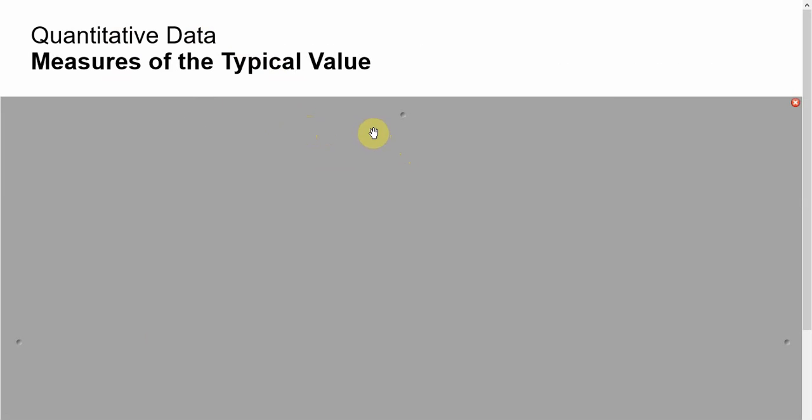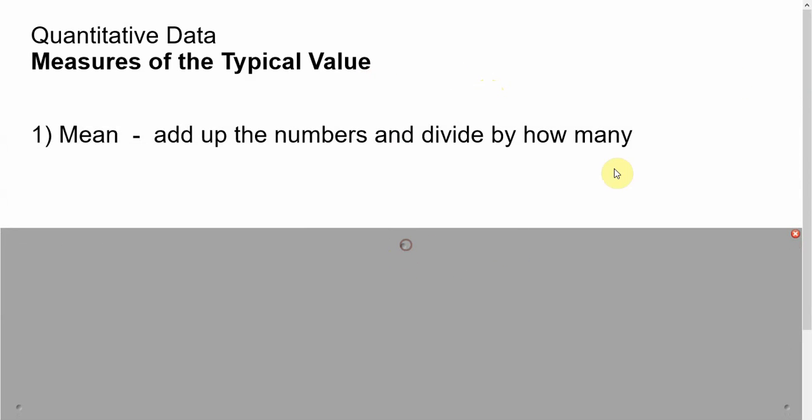Can I sort of boil it down to a single number that is representative of the whole set? So a typical value, right? And there are two common ways to do it. One way is what most people think of, which is called the mean. Most people usually call it the average, though. Mean and average are synonyms in this context.